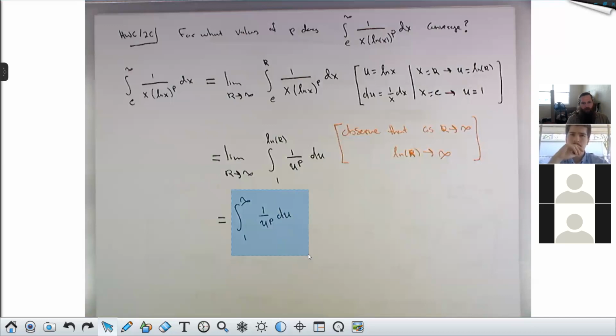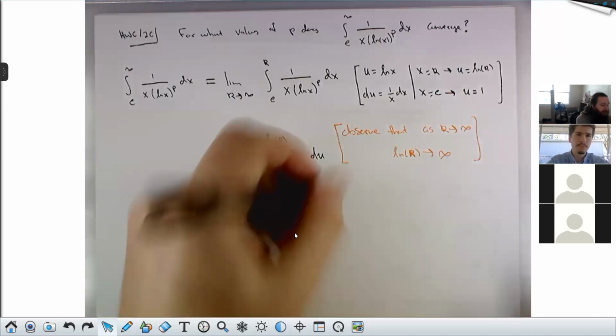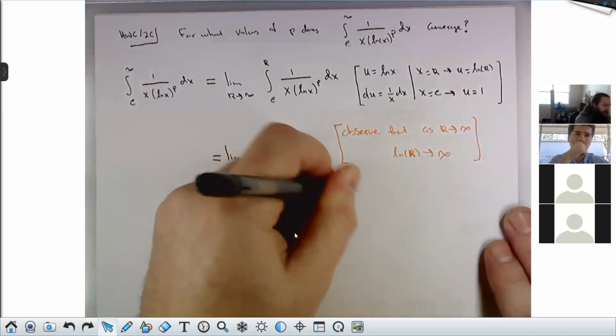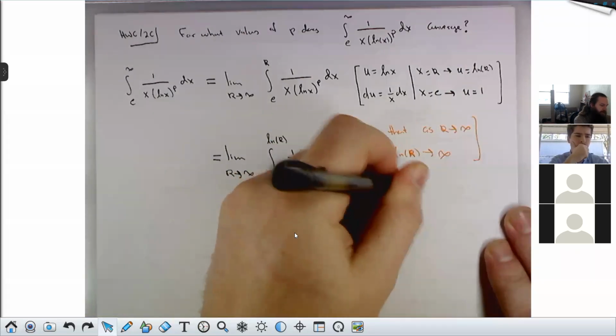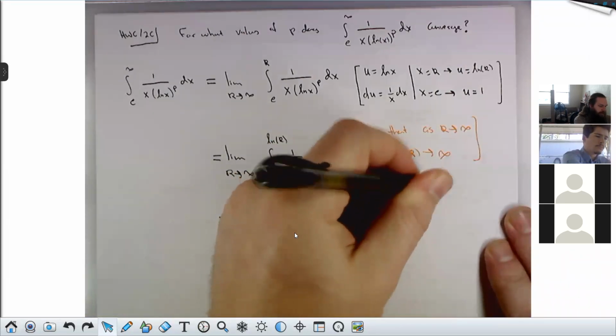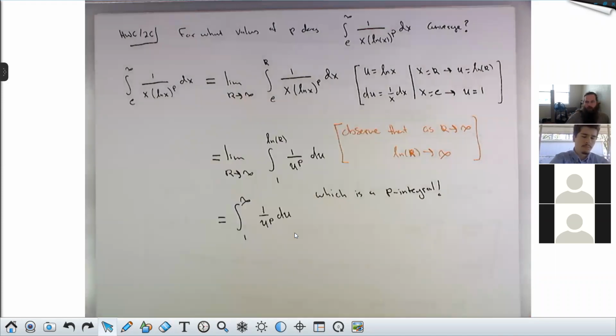What kind of integral is this? Just a p integral. And we know everything there is to know about p integrals.